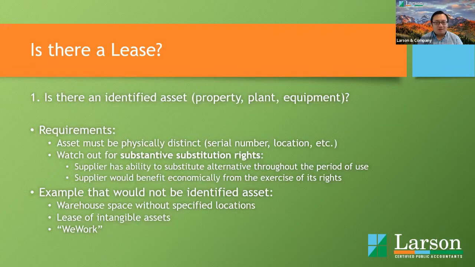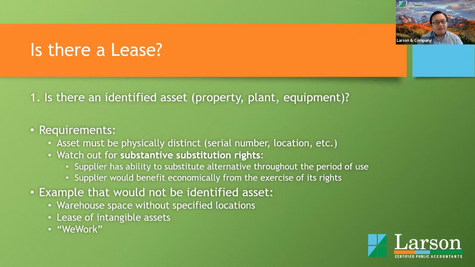Now, a lot of those clauses mention that you have the right to use it in case something occurs, but it also provides the lessor the right to substitute an alternative location for those warm sites. And if you do have some of those substantive substitution rights for the lessor to substitute at their discretion, then a lease is mostly not present, and instead it will be more of a service contract.